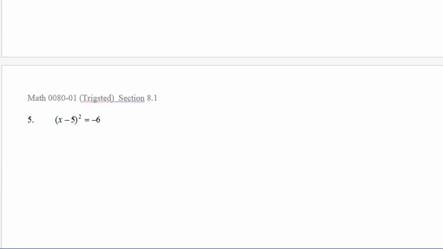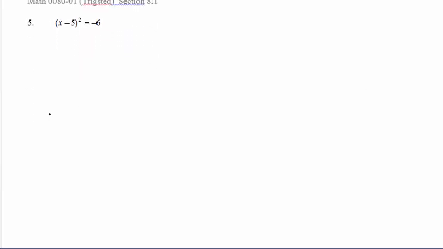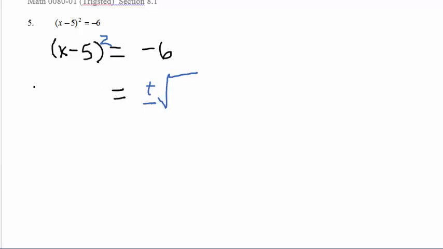All right, similarly, we're going to solve this one. We have the square of the difference, x minus 5, equal to negative 6. So when we drop the exponent of 2 on the x minus 5, we have to apply plus or minus square root to whatever is on the opposite side of the equals.